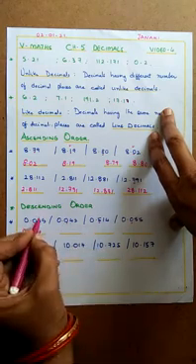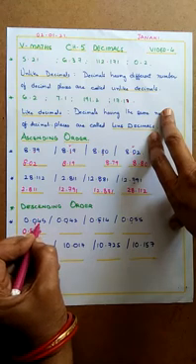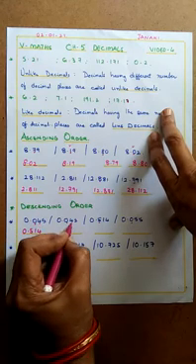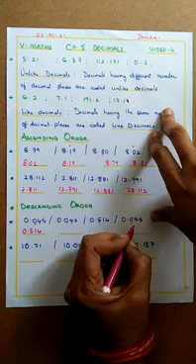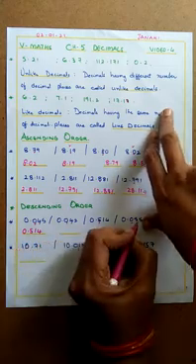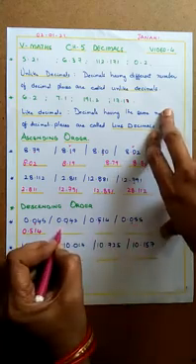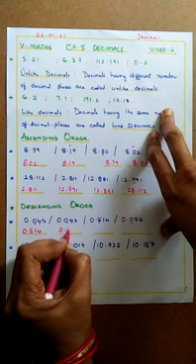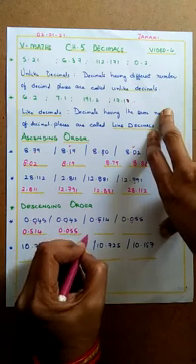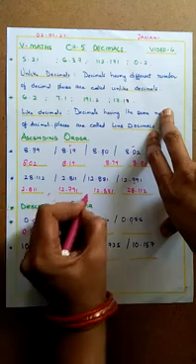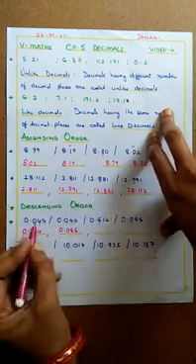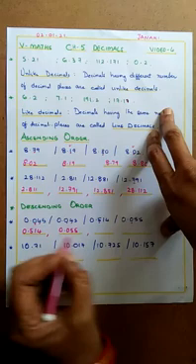Next, here 0, 0, 0 are the same. Now go to the 100th place. In the 100th place you have 4, 4 and 5. So 5 is greater. So this is the next bigger one: 0.055. Next, out of these two, which is the biggest one?